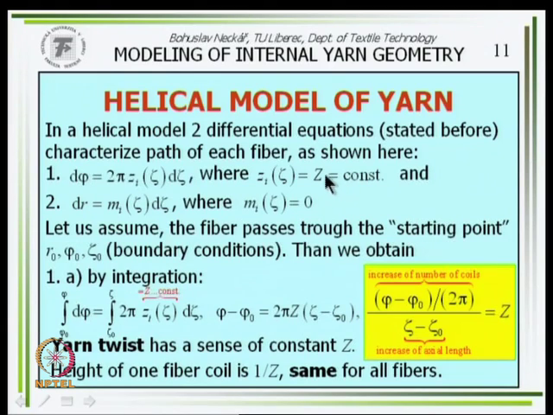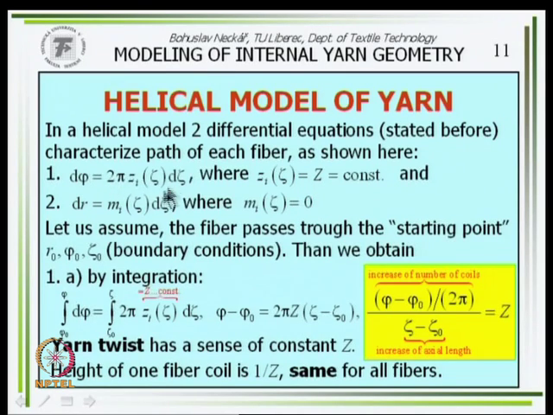This constant has the name z, and I will show you in one or two slides that it is the twist of the yarn. In the second equation, this function mi zeta is equal to 0.